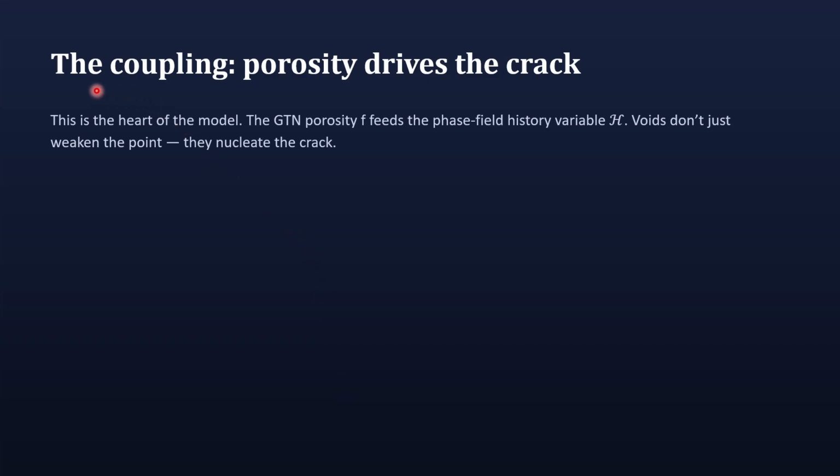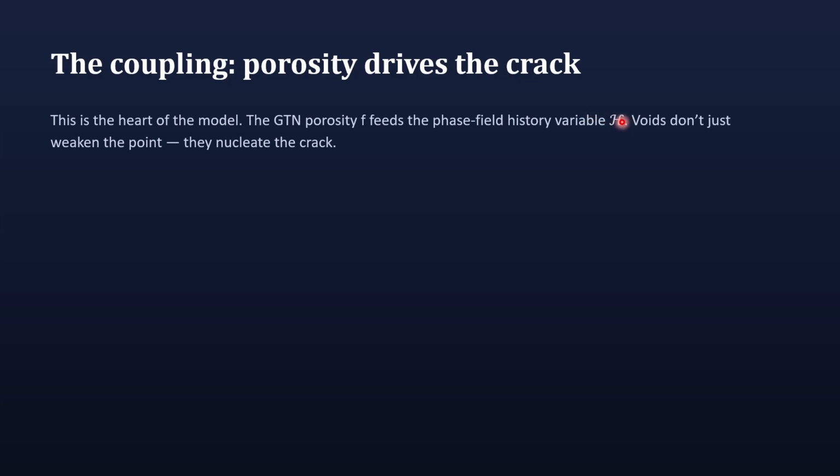Now we talk about the coupling. So we talk about how porosity is supposed to drive the crack. Okay, so this is the heart of the model. The GTN porosity f feeds the phase field history variable H. So in order to couple phase field with viscosity, you have to have a method to define the history field, because the history field is what drives the crack, right?